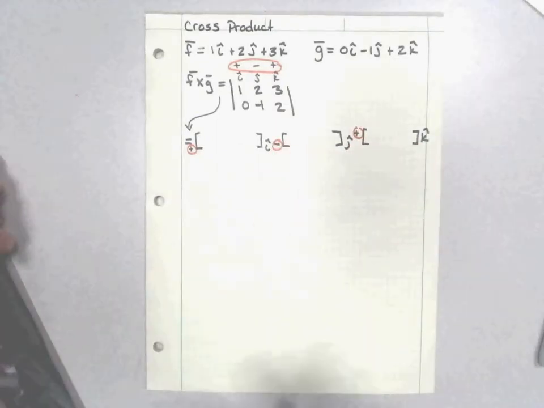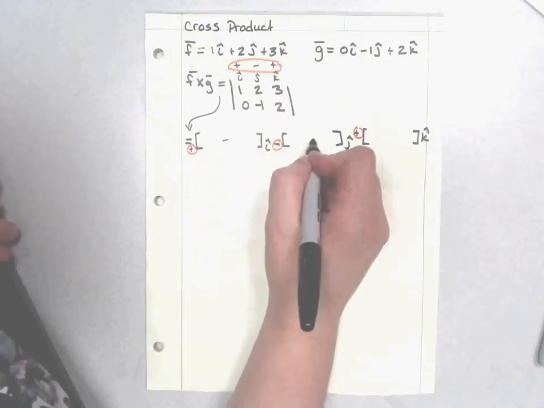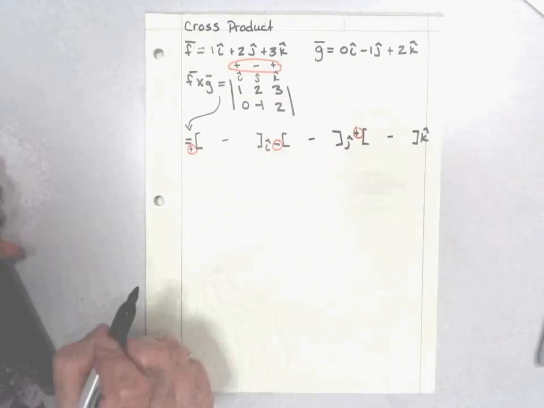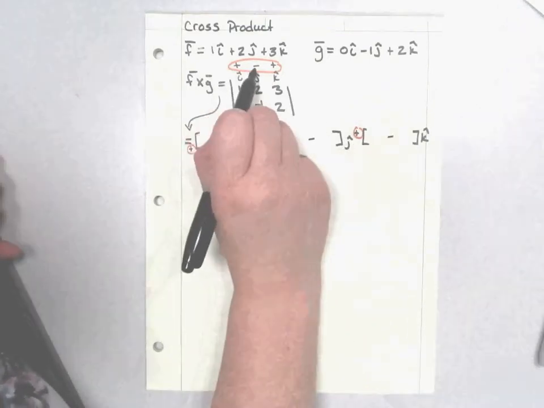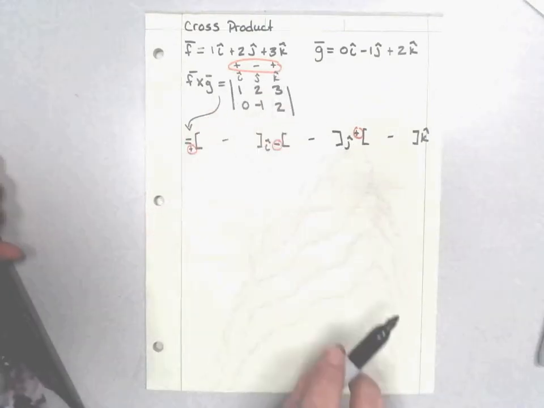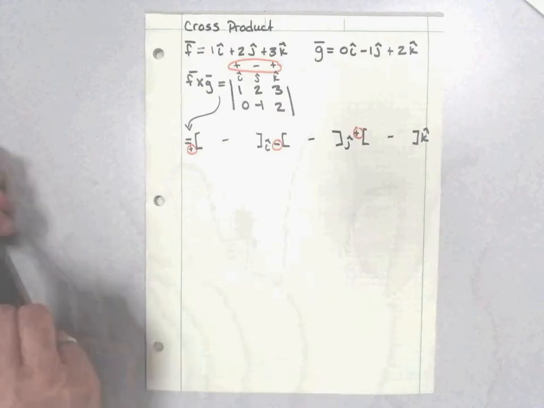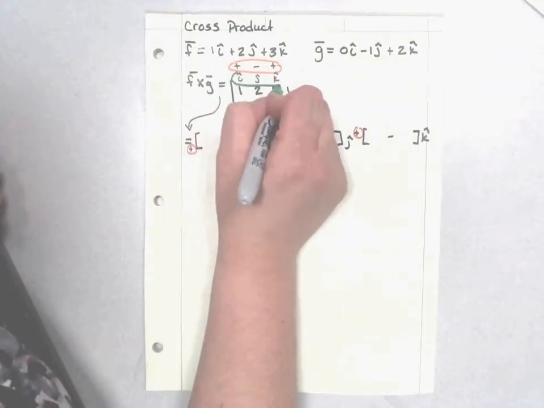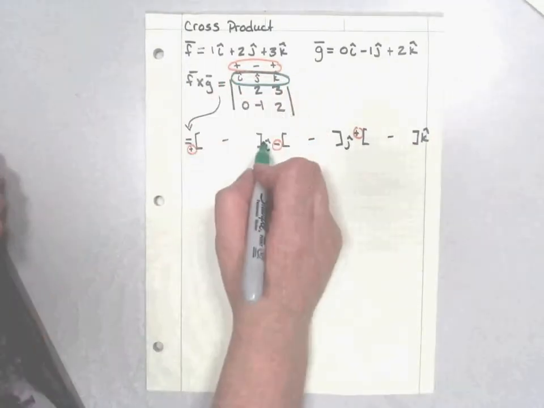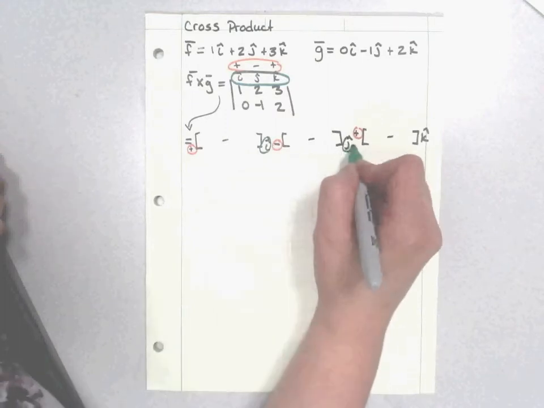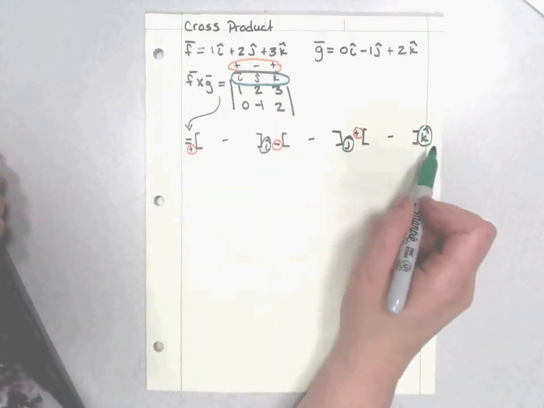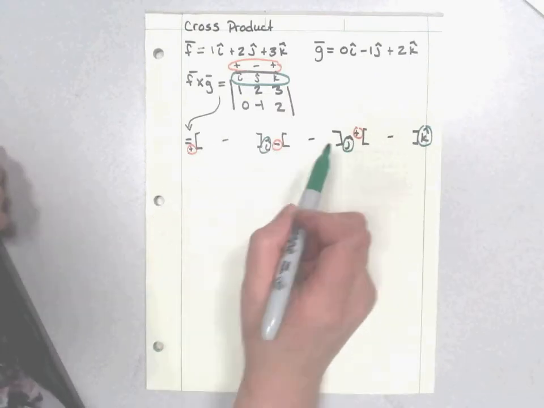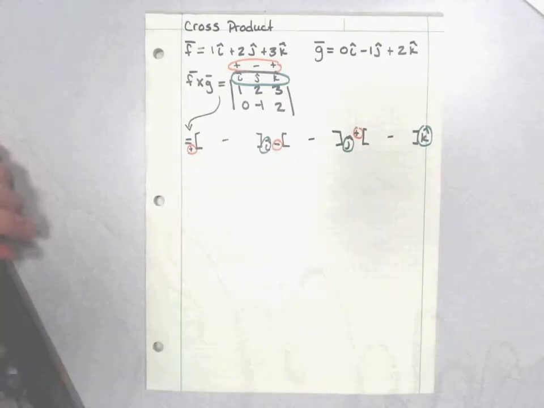Inside the brackets is always a minus, but in front of each bracket it's plus, minus, plus, i, j, k. And then these i, j, k, to remind me of my component, those go after the brackets. So i, j, and k follow the bracket, whereas the signs, plus, minus, plus, precede each bracket.